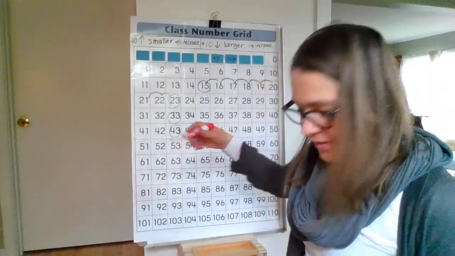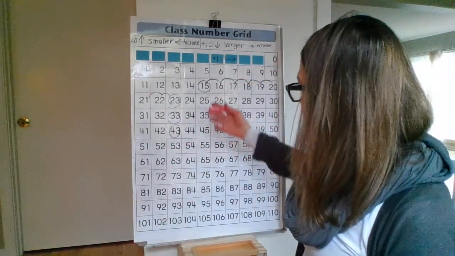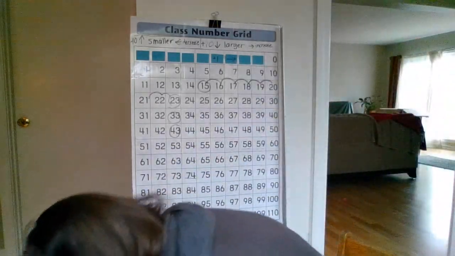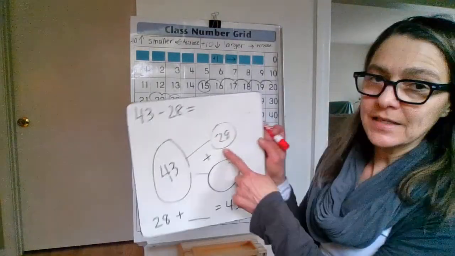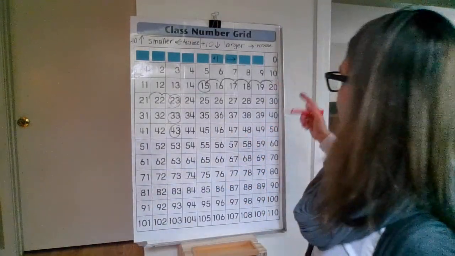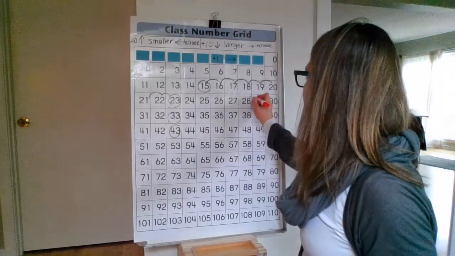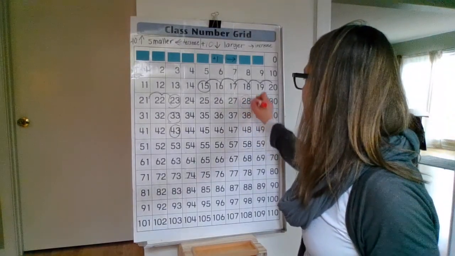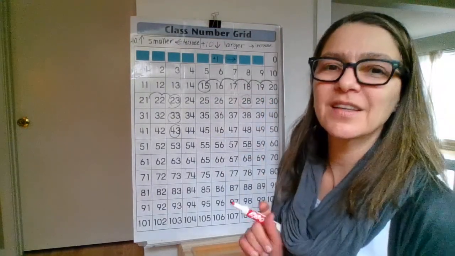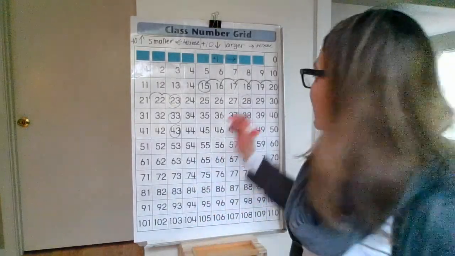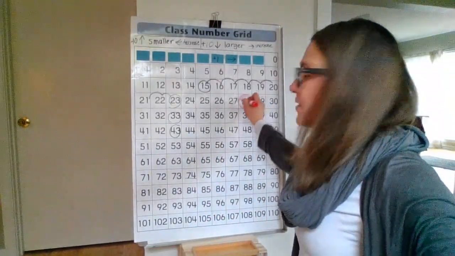So we have our 28, and we are going to count up. So we find 28. Can you even see that? Red wasn't that good of a color to use.